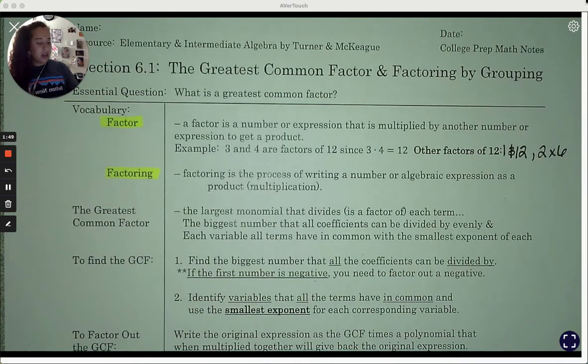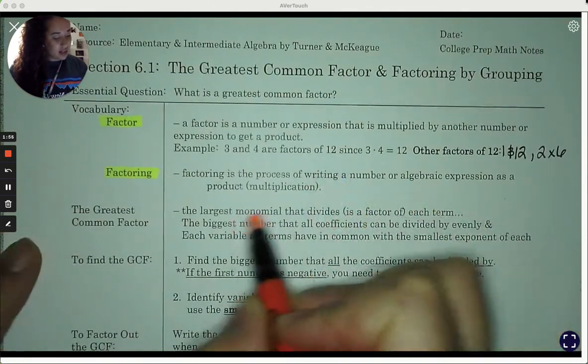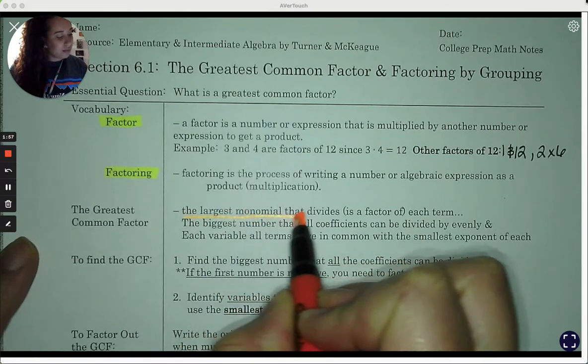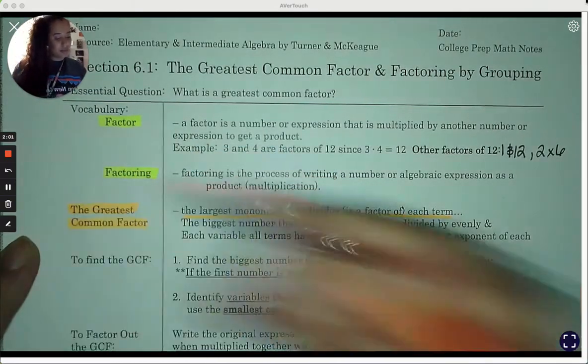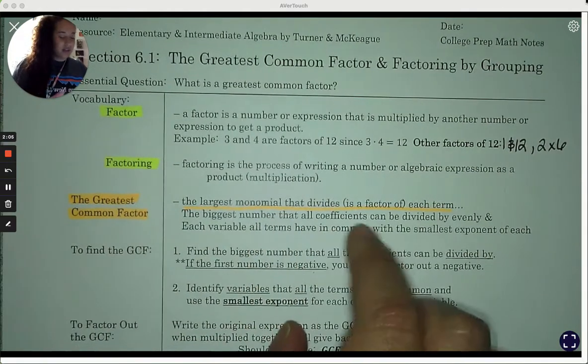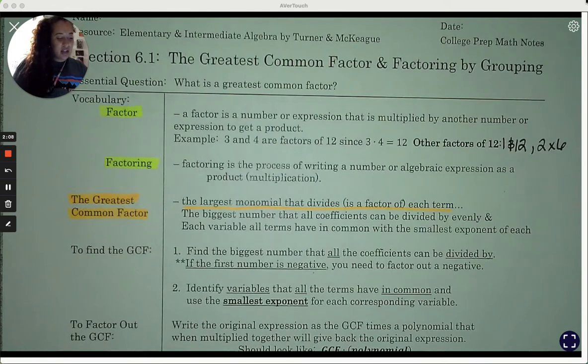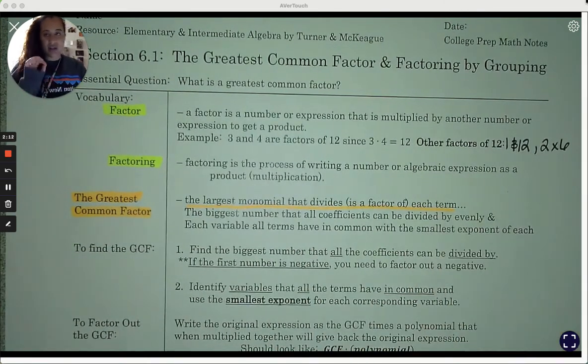Okay, so the greatest common factor is the largest monomial that divides each term. So we're looking for the biggest number that all coefficients can be divided by and each variable all terms have in common with the smallest exponent.